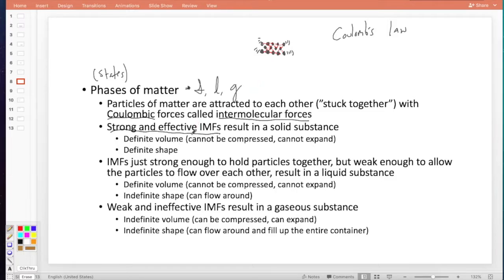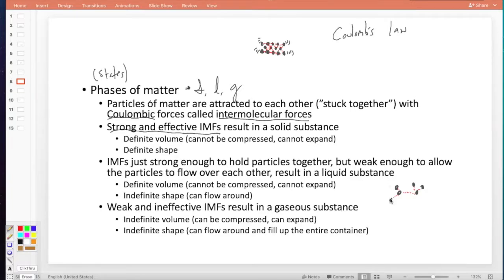Why is that true? Because the particles are locked together with these strong and effective intermolecular forces. If the intermolecular forces are just strong enough to hold the particles together, but weak enough to allow the particles to still flow over each other, then that is a liquid substance. So in order to get a liquid, we have to have forces between the particles that still kind of cohere, still kind of bring the particles together, but they're not quite strong enough to lock the particles in place.